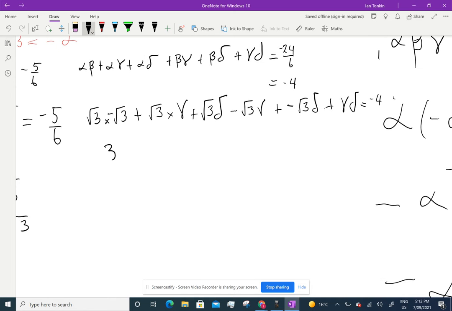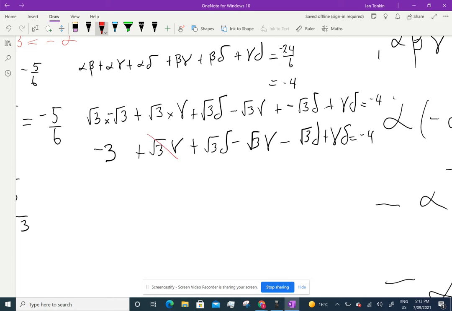So that gives 3 minus 3 plus root 3 gamma plus root 3 delta minus root 3 gamma minus root 3 delta plus gamma delta equals minus 4. The root terms cancel, so I get minus 3 plus gamma delta equals minus 4.